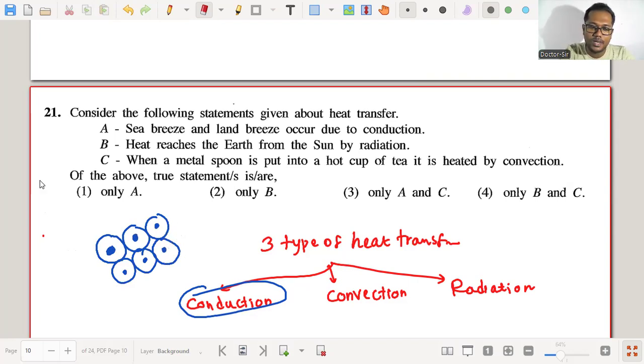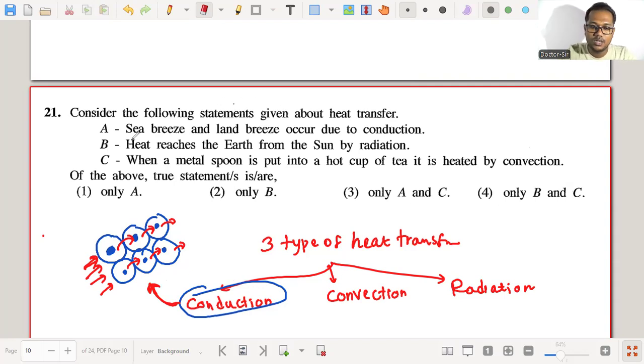If one atom absorbs the heat, then it will release that heat to another atom. By this mechanism, they transmit the heat from one end to another end. That property we call conduction.